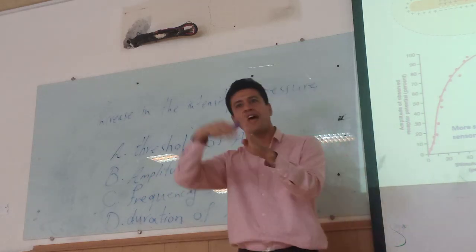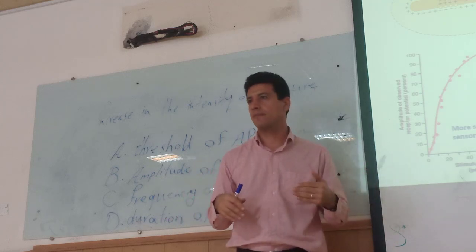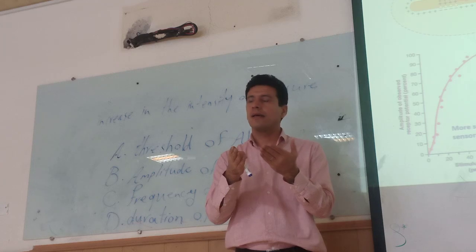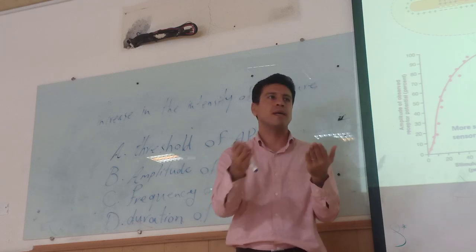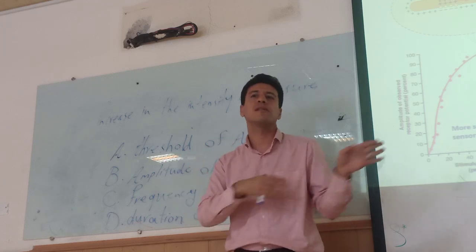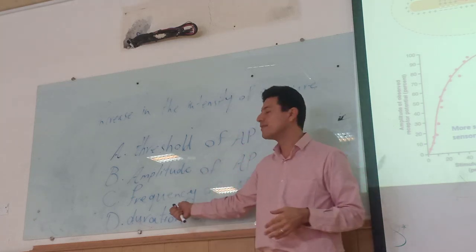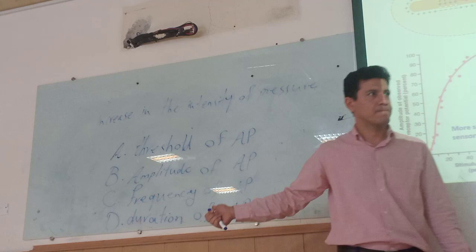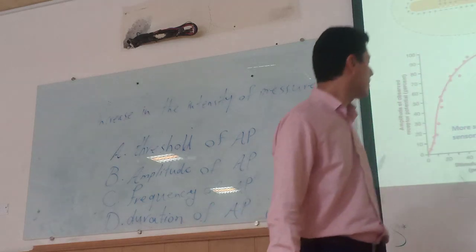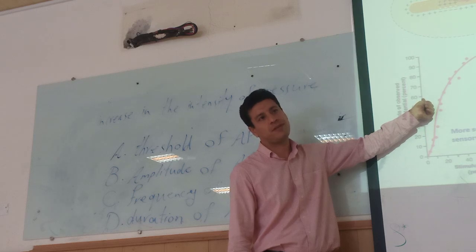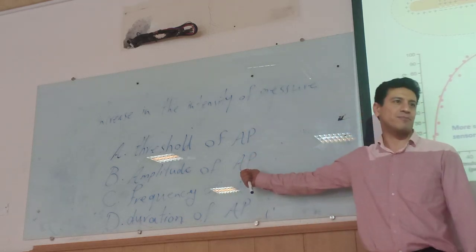Duration or the width of the action potential doesn't increase because it's defined by the opening of sodium and potassium channels. So it's the same. The only thing that increases is frequency. But you said here that when we have more pressure, amplitude is... Yeah, but this is for receptor potential. But here we have action potential.